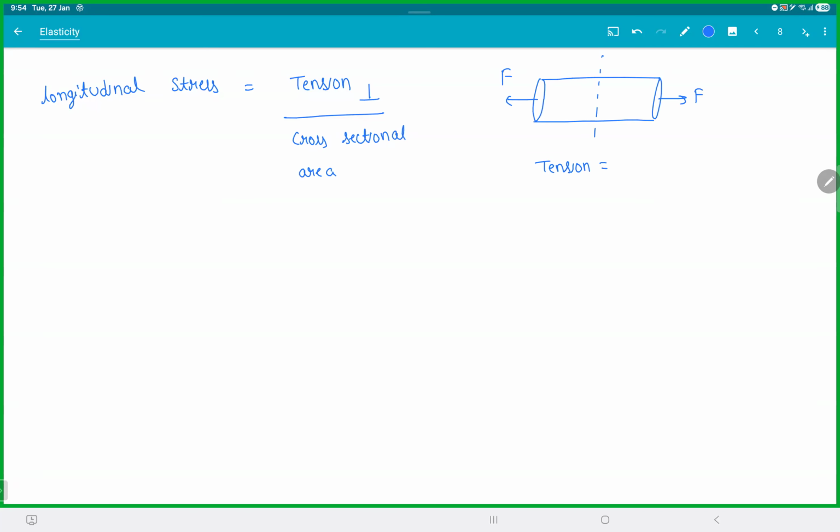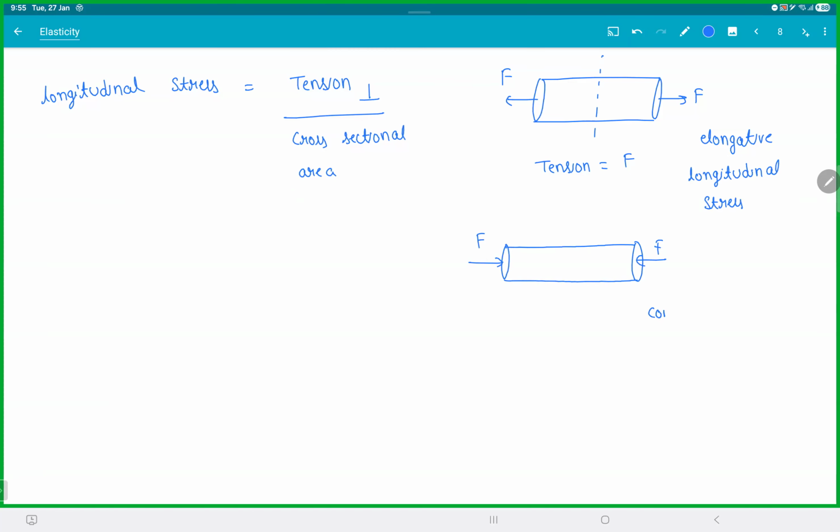Again, this thing looks like an LN chapter. If you know how to find tension, half the chapter is over. This is elongative longitudinal stress. That's your full name. Same thing, if you're pushing inside, you're trying to compress.